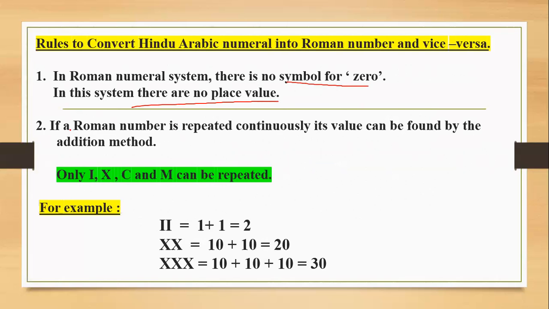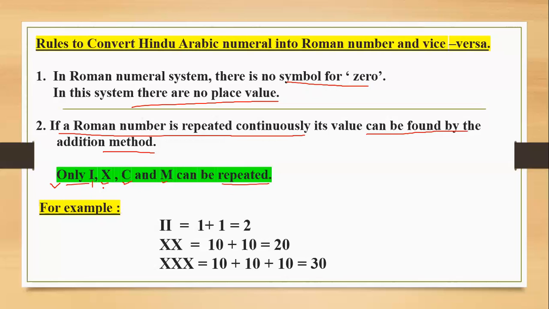The second rule is, if a Roman number is repeated continuously, its value can be found by the addition method. It means that if the symbols are repeating continuously, then we have to add the symbols to get the value. For this, we have to remember one thing only: I, X, C, and M can be repeated.